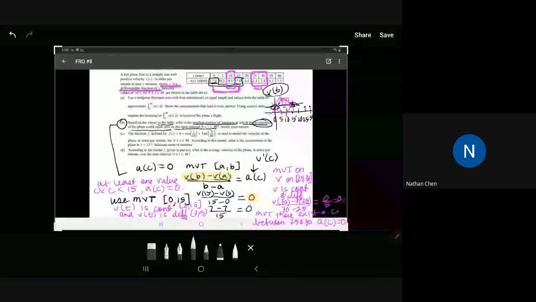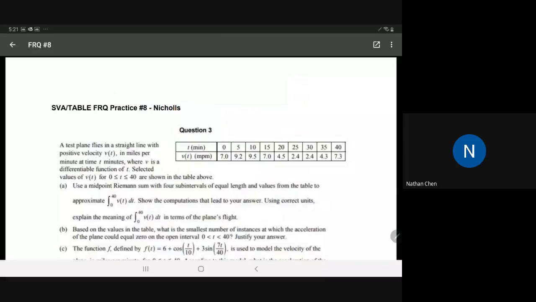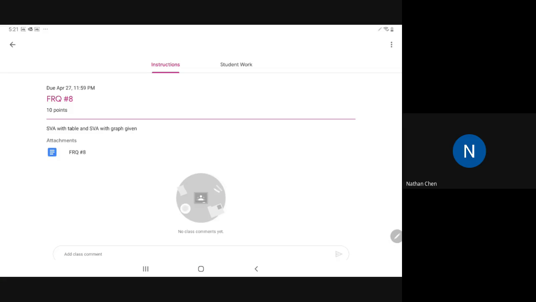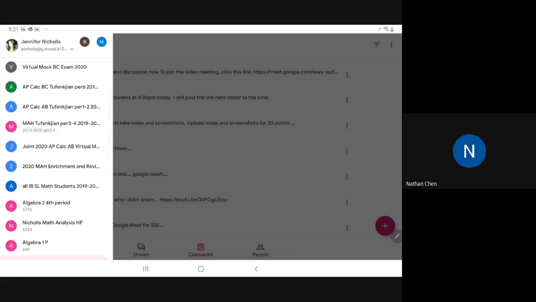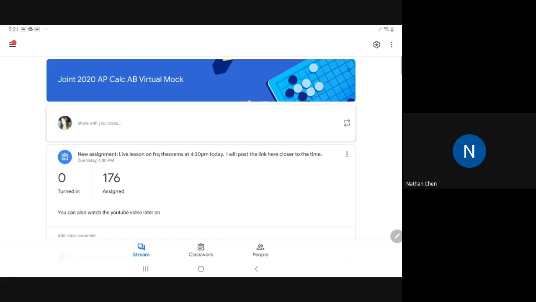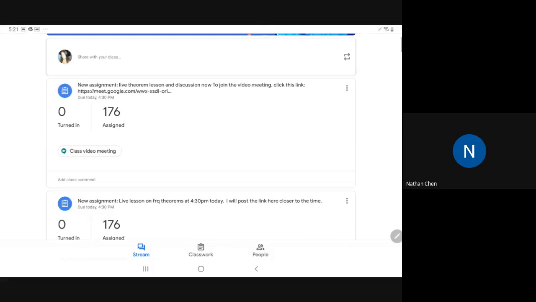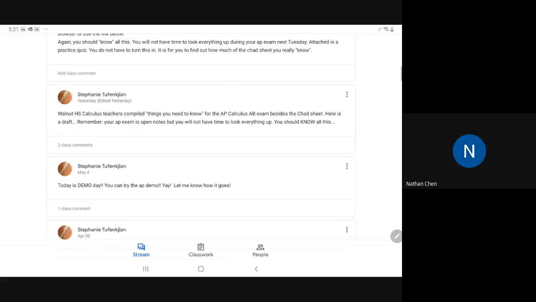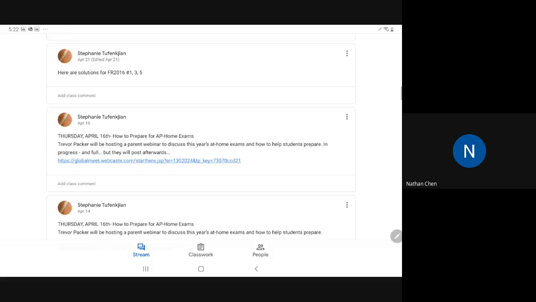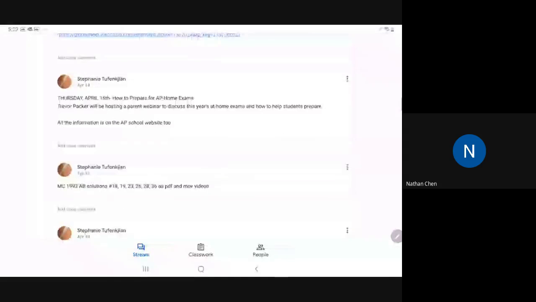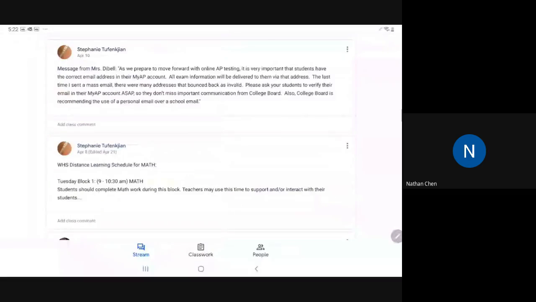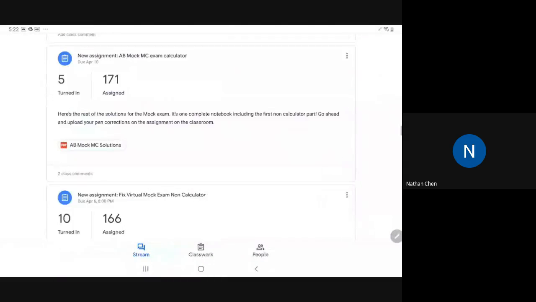Okay, so I should go on my tablet. The question was in our mock classroom. I believe it was in the AB and the BC free responses. Remember, I was teaching you how to grade, but I didn't show you how to do it.